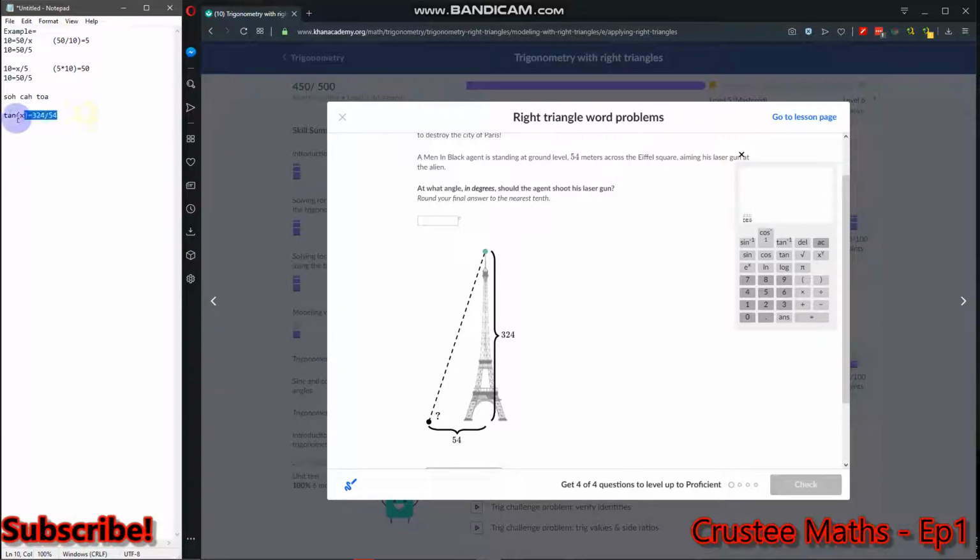And a way to trick this is using the inverse tangent.